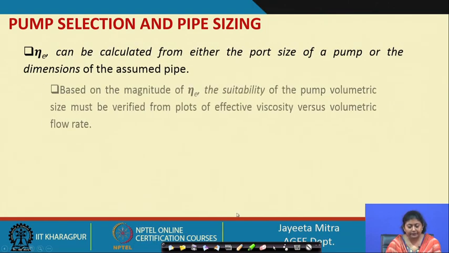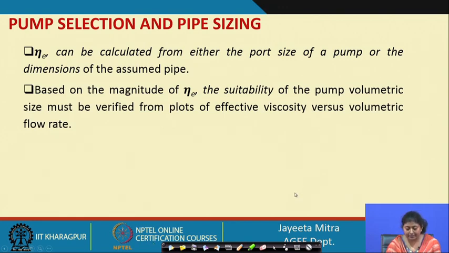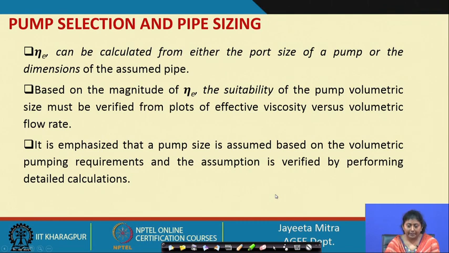And effective viscosity can be calculated from either the port size of a pump or the dimensions of the assumed pipe. If we know the pipe and we can calculate whether the flow is laminar or turbulent, then based on that we can calculate eta E, or we can straight away use the Hagen-Poiseuille equation for the pressure drop, and then calculate eta E. Now, based on the magnitude of eta E, the suitability of the pump volumetric size must be verified from the plots available of effective viscosity versus volumetric flow rate.